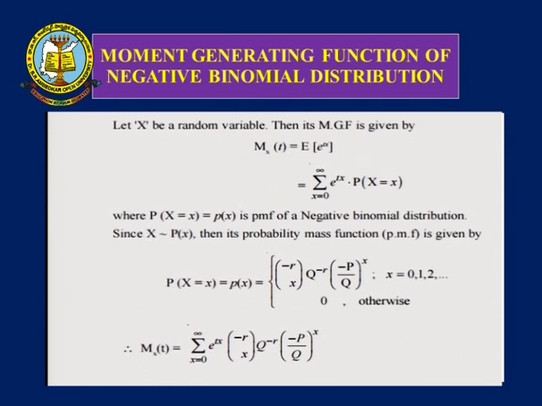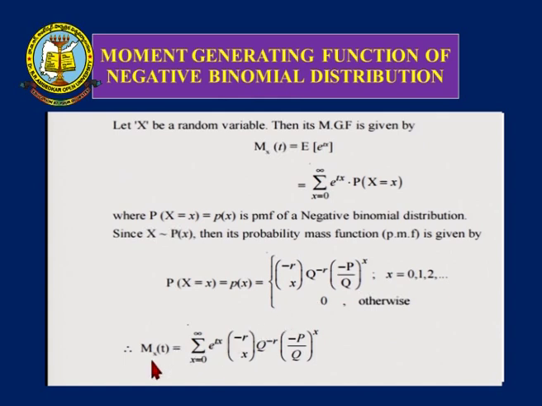P(x) is equal to (minus r choose x) into q to the power of minus r into (minus p by q) whole to the power of x. X takes the values 0, 1, 2 and so on; otherwise this probability mass function is equal to 0.